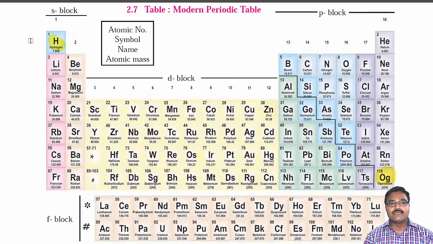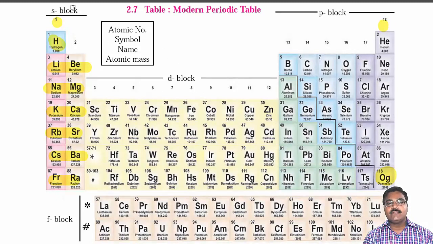That means period number 1 from hydrogen to helium, then period number 2, then periods 3, 4, 5, 6 and 7. There are a total of 7 horizontal rows, known as periods. And you will see here 18 vertical columns, numbered 1, 2, 3, 4 and so on up to 18.